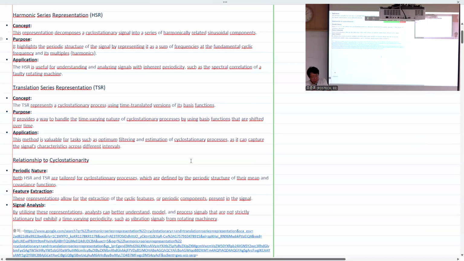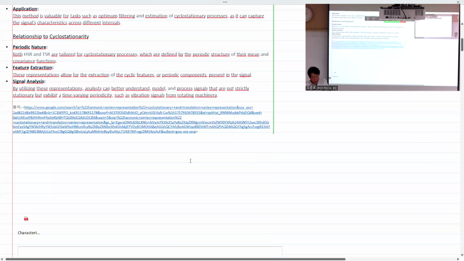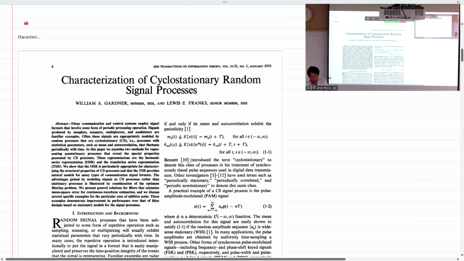And it also provides some links where you can find this paper. So you read this paper yourself, but I'm going to cover the key results which will be repeatedly used in the rest of the semester.